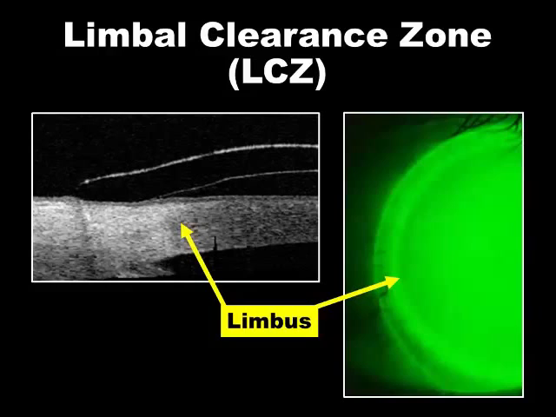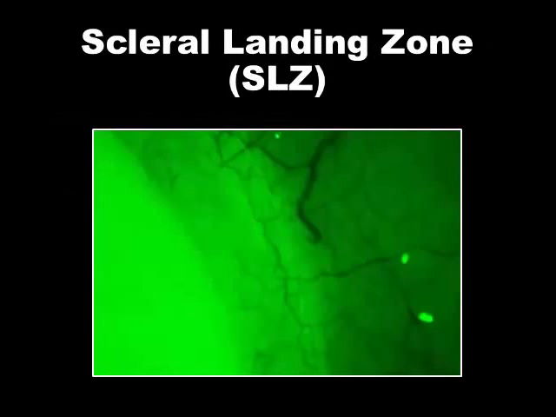There's a little bit of fluid running onto the conj before the lens lands itself down. So again, the rules, as I said, are the same. Apical clearance, limbal vault. And just like the 16.5, we want our lens to land itself down on the scleral landing zone, making sure that the vessel supply through the lens edge looks normal, that the lens isn't going to seal off any of the vessels.